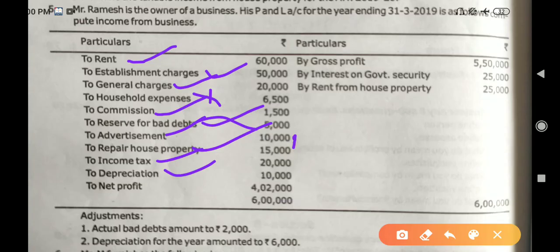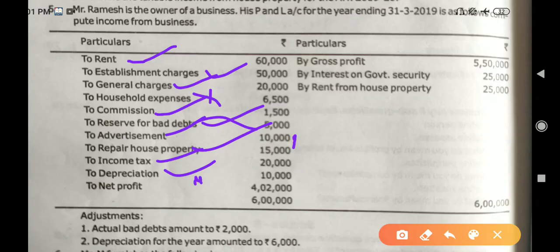If non-business incomes and tax-free incomes are given, you have to consider those items in less items, like non-business or tax-free incomes credited in the profit and loss account, so that has to be deducted from the net profit. Then only you will get the real, true taxable income from business, so you have to deduct that.